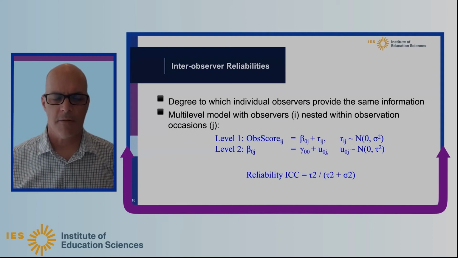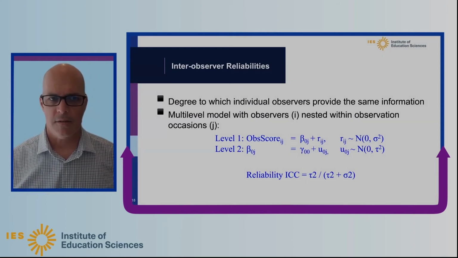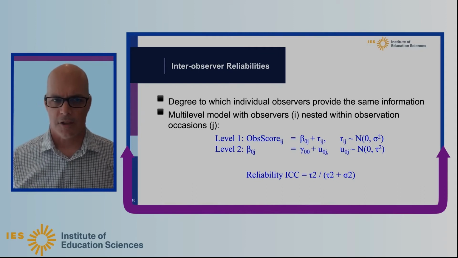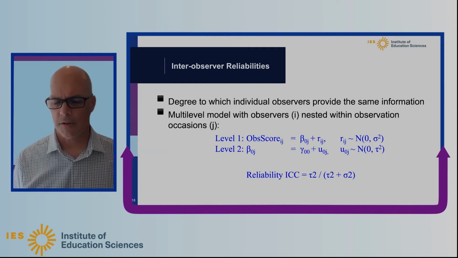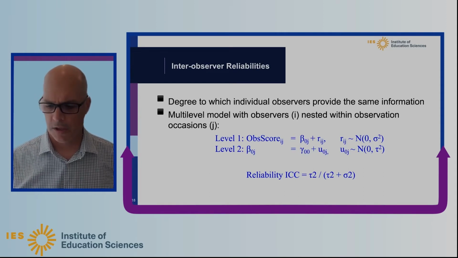Here's our model for our inter-observer reliabilities. Essentially, we were trying to estimate the degree to which two observers, a pairing of observers, provide the same consistent information within a given real-time observation.